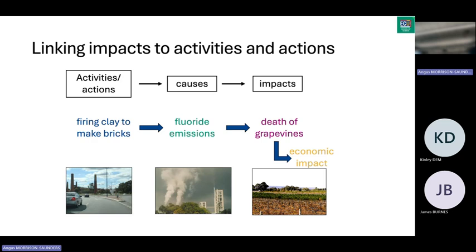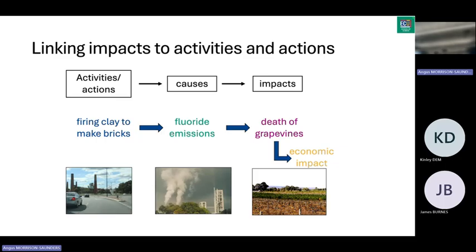Whenever we've had several brickworks constructed in Western Australia in the last couple of decades, this has been one of the issues that had to be very carefully managed. You've got to make sure that brickworks are not very close to wineries and grapevines and so on. And of course, if you have death of grapevines and loss of agricultural productivity, that's an economic impact.